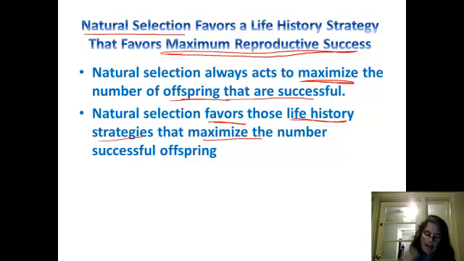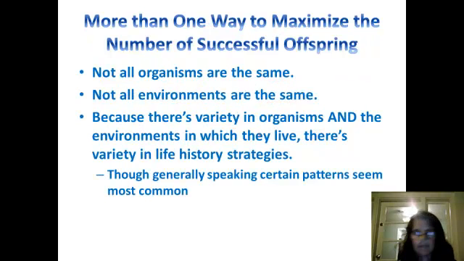It's not. In biology, because of the way natural selection works and the way species survive, the more babies that you have that are successful, the better. And so natural selection is going to favor those life history strategies that allow organisms to maximize the greatest number of offspring they possibly can.